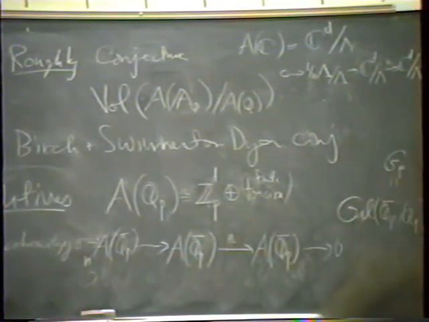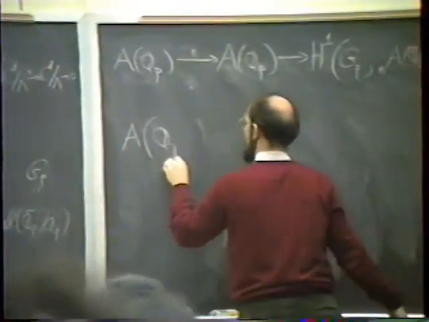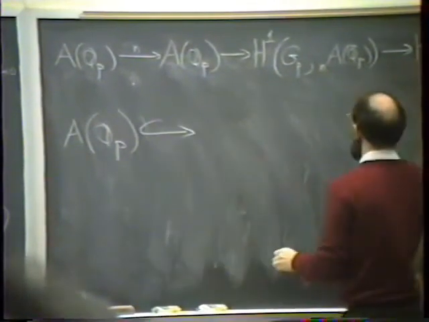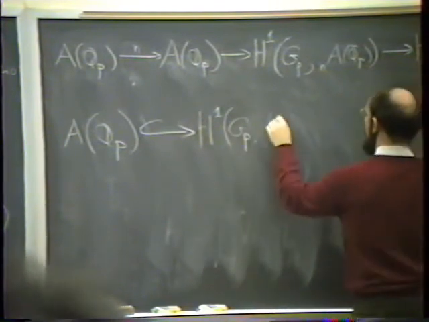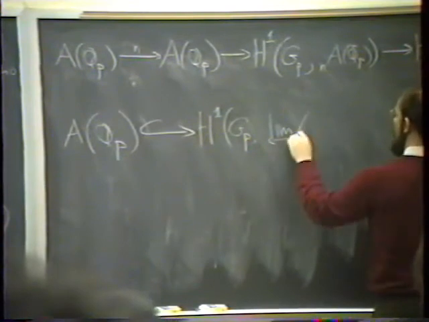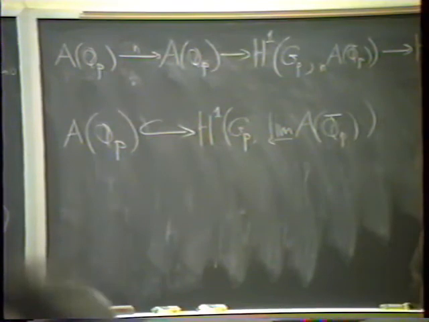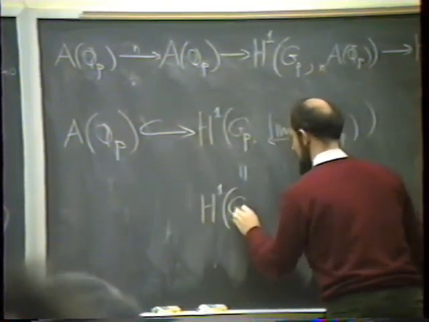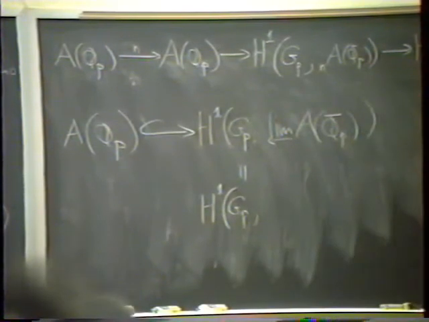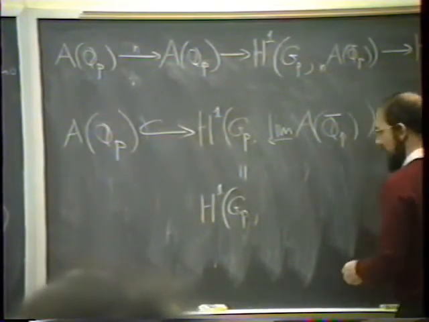So if I play that game here, what I find is an injection into H1 of GP with values in a certain inverse limit of A of QP. Okay. Now I can rewrite this thing as being H1 of GP. So now gradually things are getting a little more sophisticated here, but I hope at least the thread is clear, even if you haven't thought carefully about these various ideas.